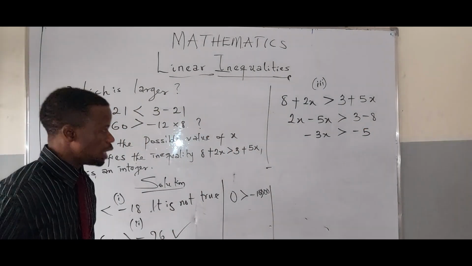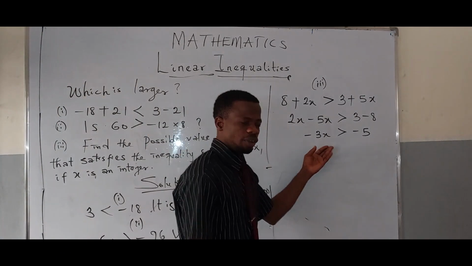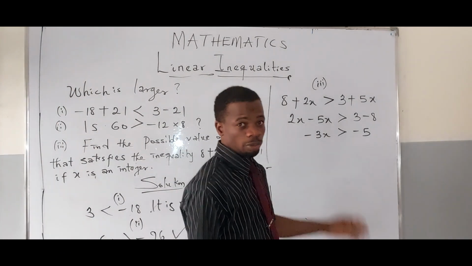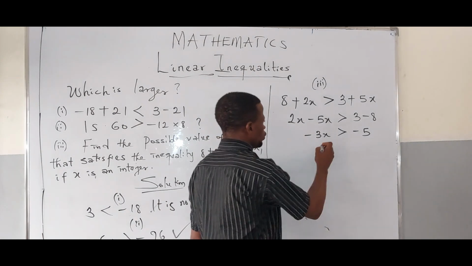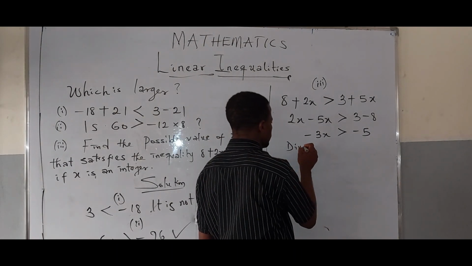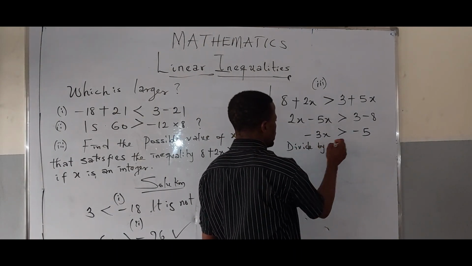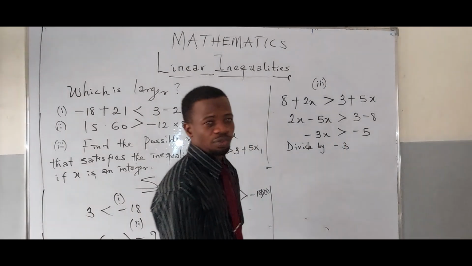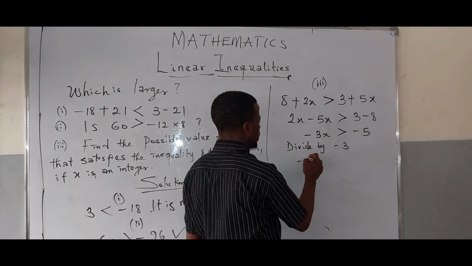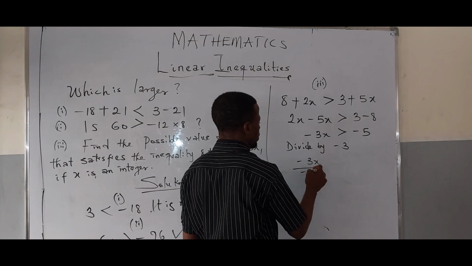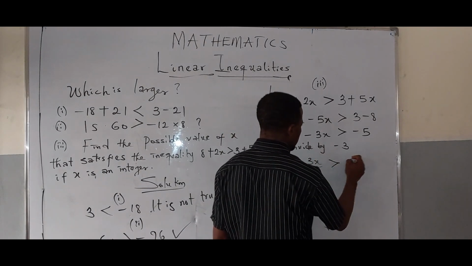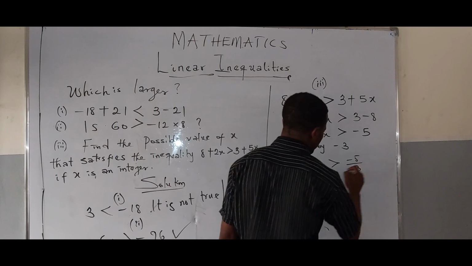Now, what are we supposed to do here? We are looking for x, so we divide by the coefficient of x, by minus 3. So we have minus 3x over minus 3, greater than minus 5 divided by minus 3.